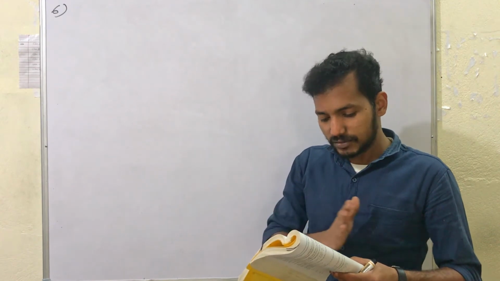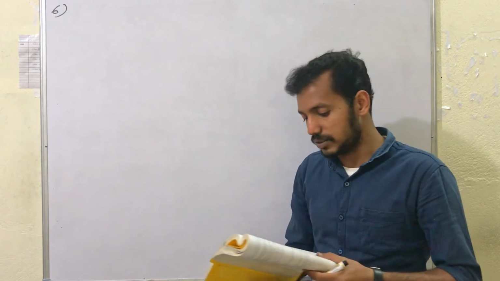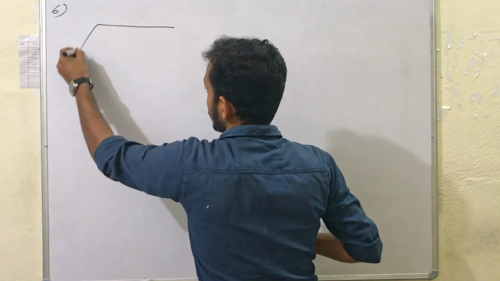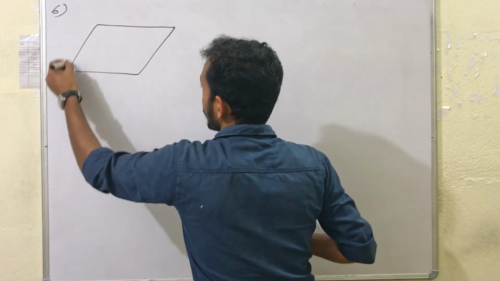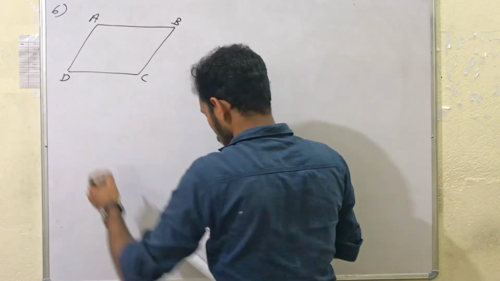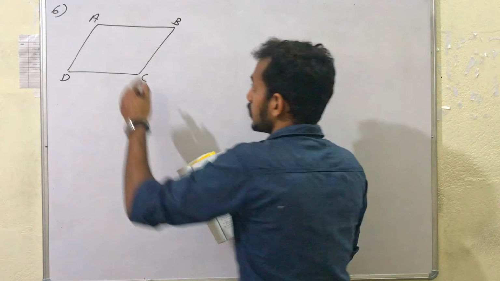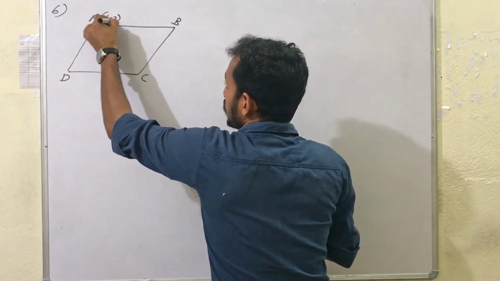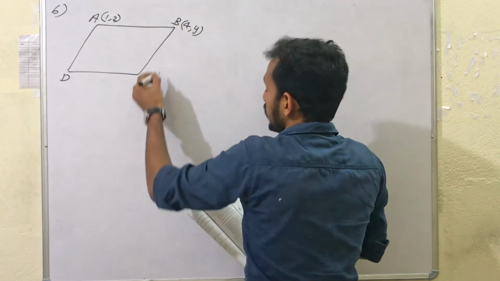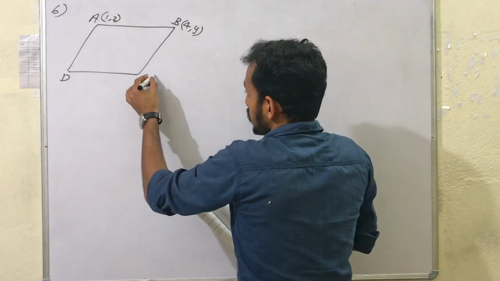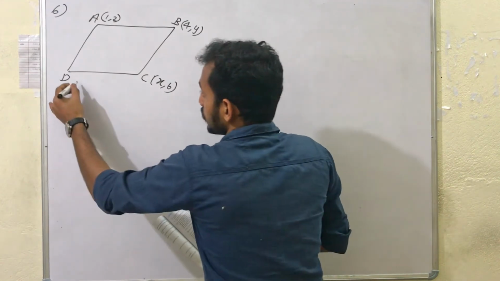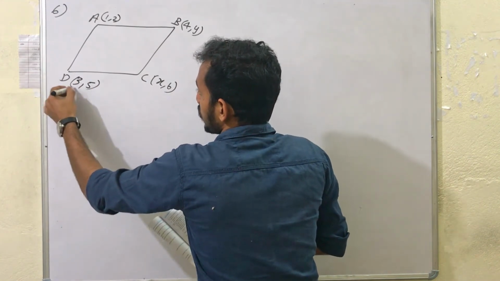Next, question number 6. The coordinates of 4 vertices of a parallelogram are given. Okay, so let's consider parallelogram ABCD. What are the vertices? First one 1 comma 2, second one 4 comma y, third one x comma 6, and fourth one 3 comma 5.